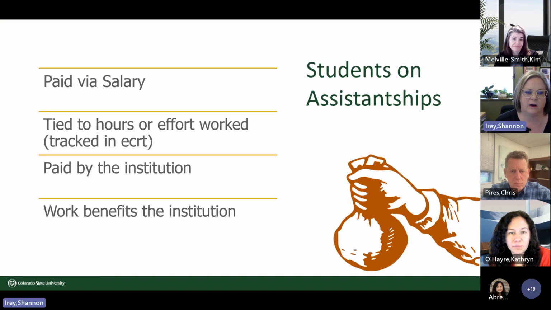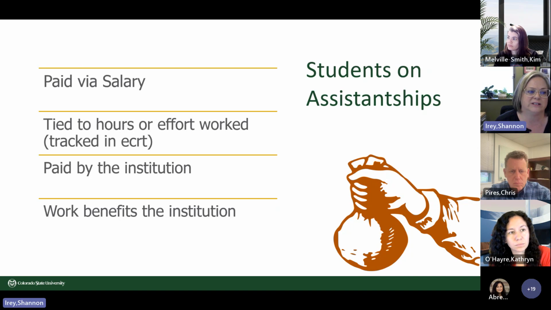So I'm going to start out with assistantships. We have three main types of assistantships, which I'll get to next. But the thing about assistantships here at the university is that there are some differences. One, these are an employment relationship. They're paid a salary.